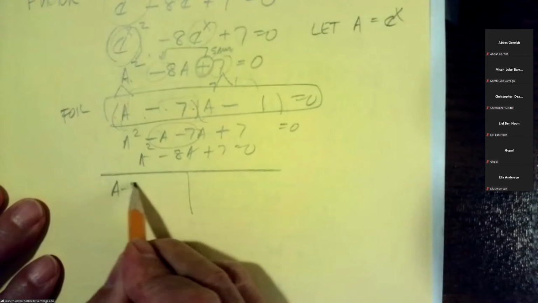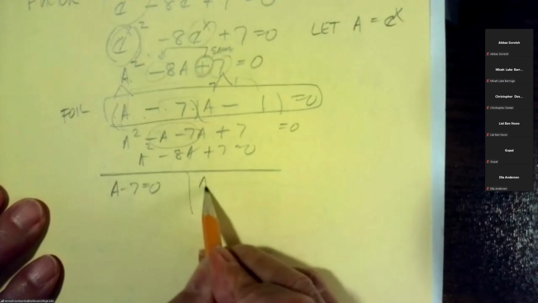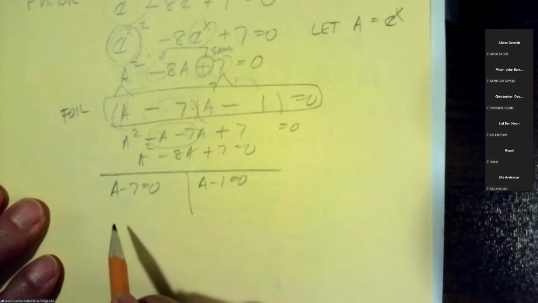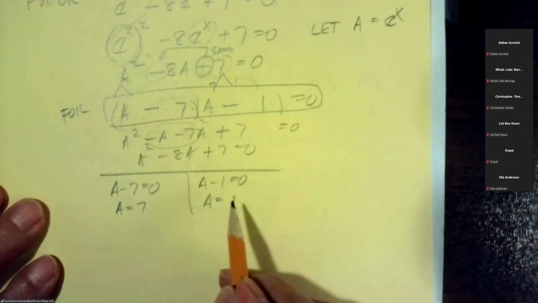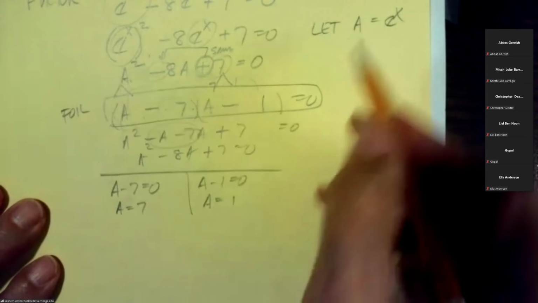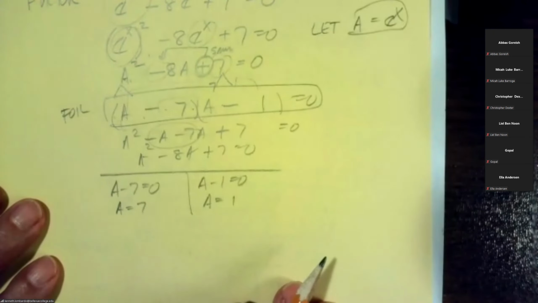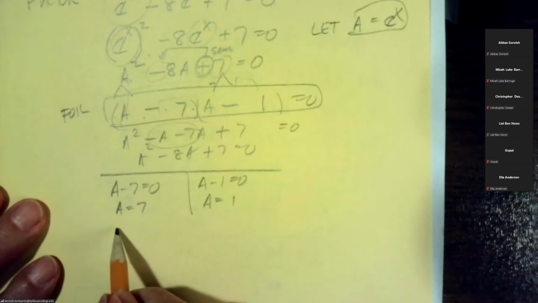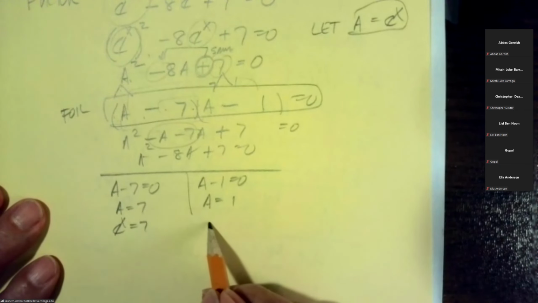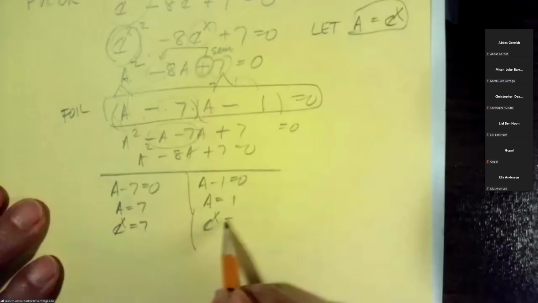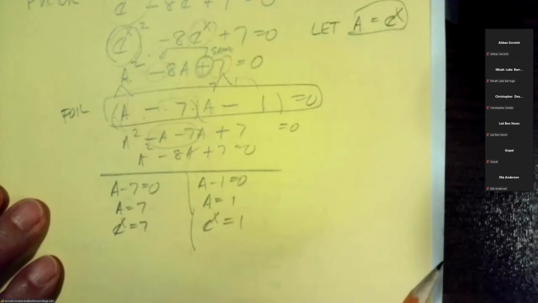That says a minus 7 equals 0 and a minus 1 equals 0, or a equals 7 and a equals 1. And we had let a equal e to the x. So that says e to the x equals 7 and e to the x equals 1.